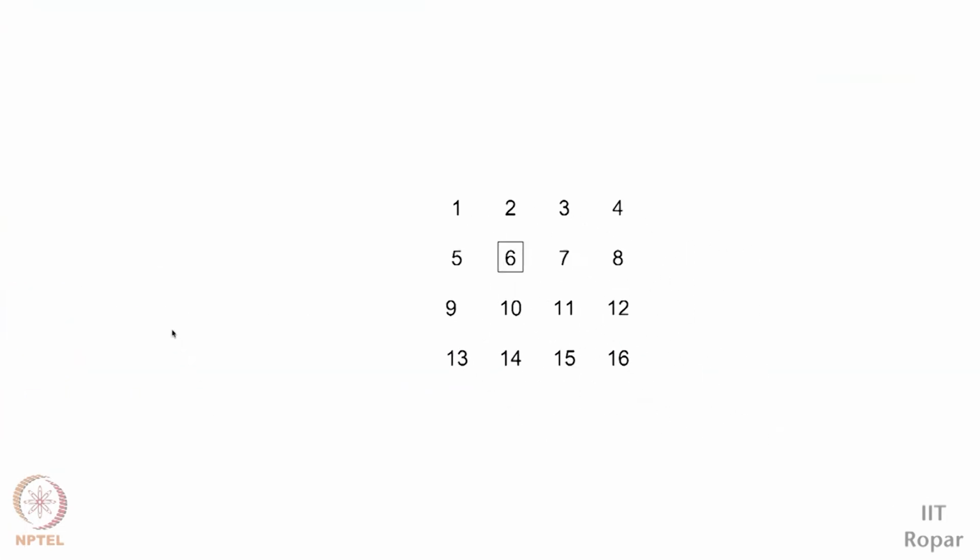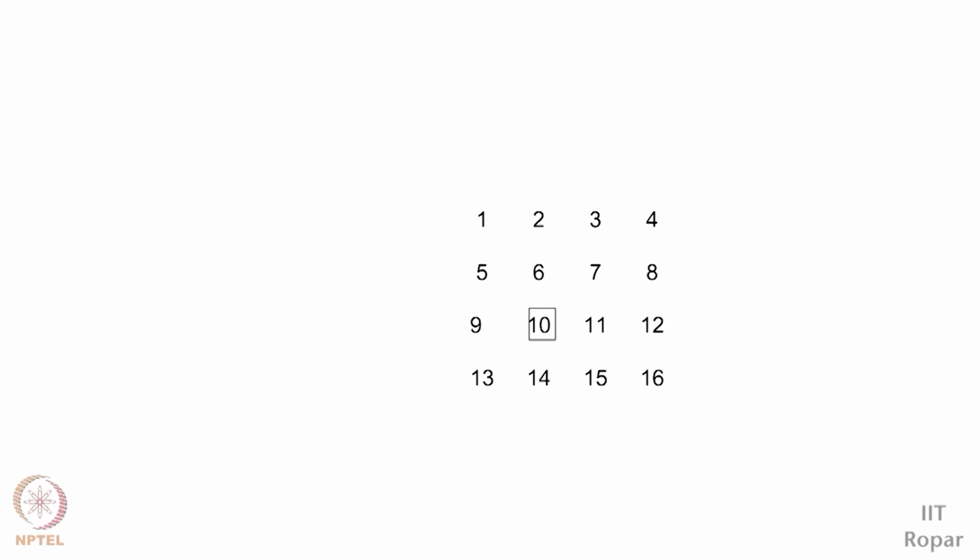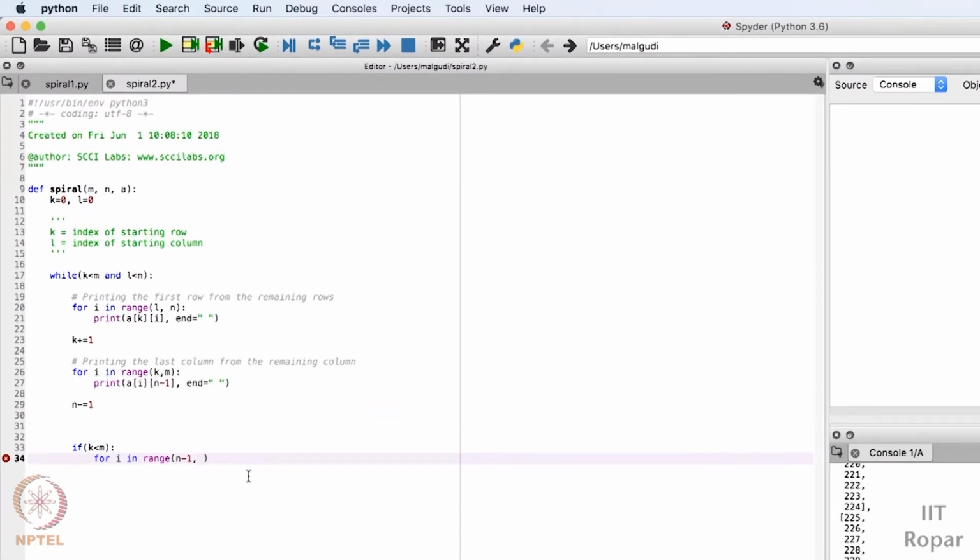For example, in this part when I am printing 11 and 10, I have to go to 10 only. I don't have to go to 9 after that. After 11 comes 10. So I have to go to the starting column index. For now it is 0, but it may not be 0 after some time.